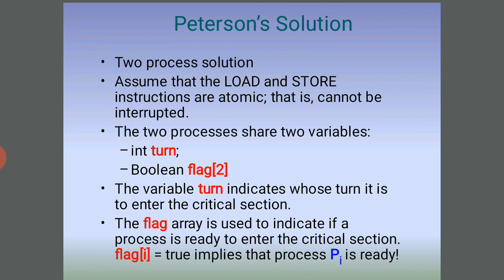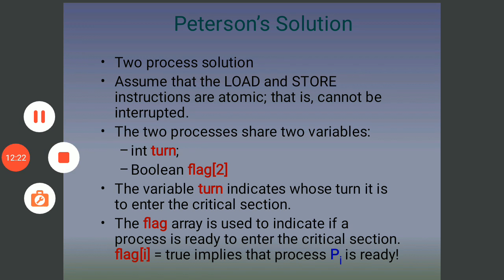The variable turn indicates whose turn it is to enter the critical section. The flag array is used to indicate if a process is ready to enter the critical section. flag[i] true implies that process Pi is ready.